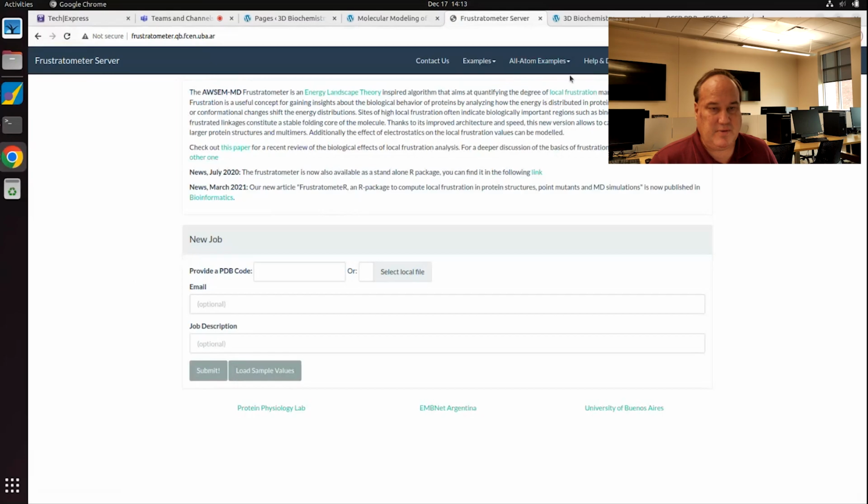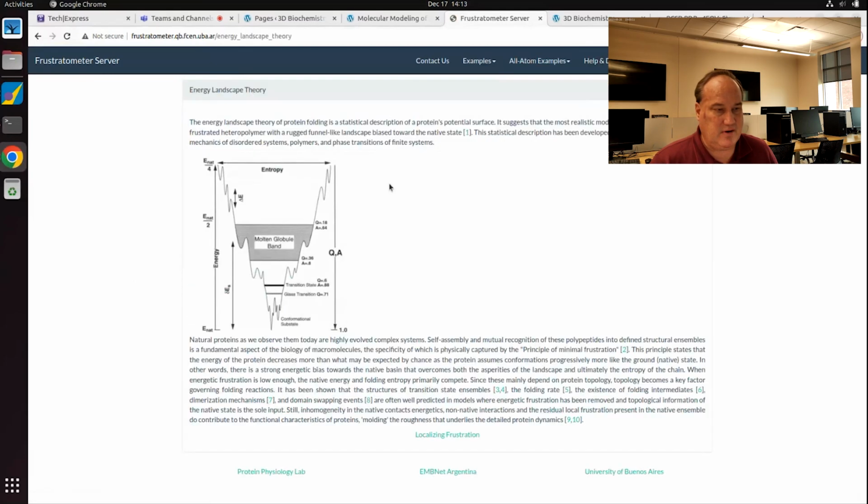Okay, so to give you a little bit of background on energy landscape theory, this is a statistical description of the potential energy surface. And so when proteins fold, we adopt a tertiary 3D structure of that protein.